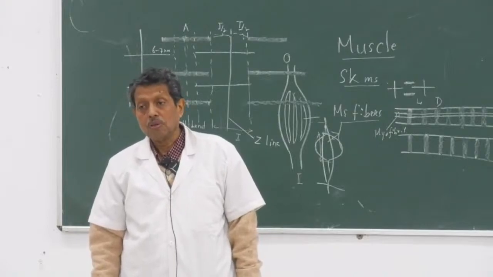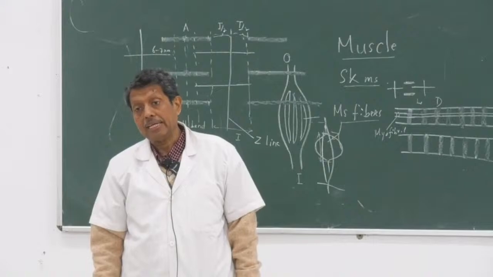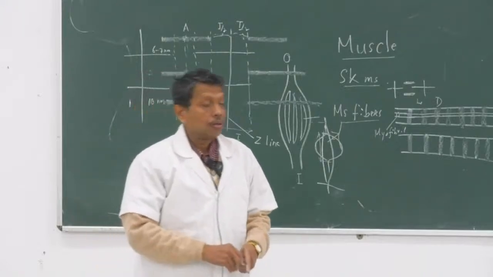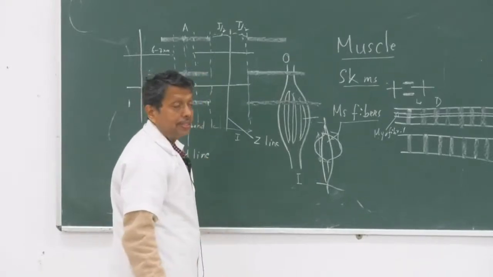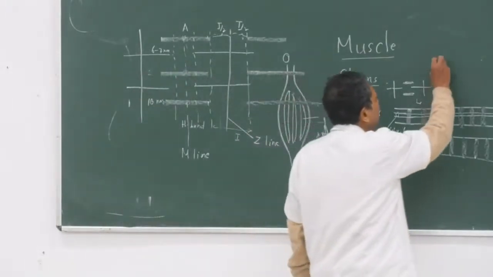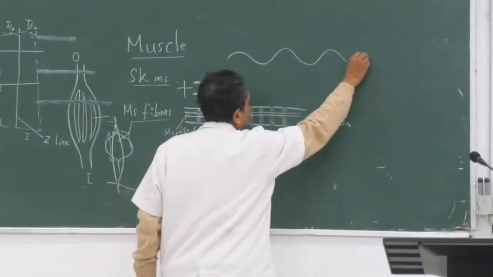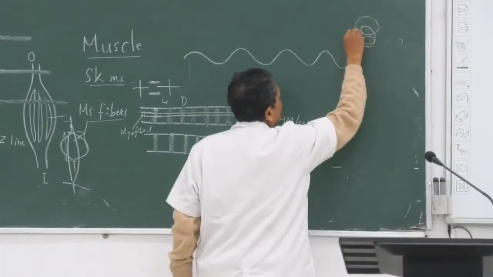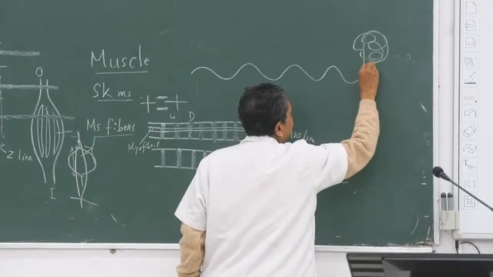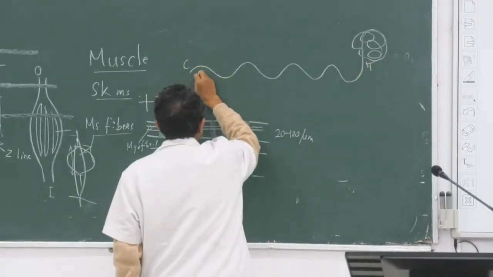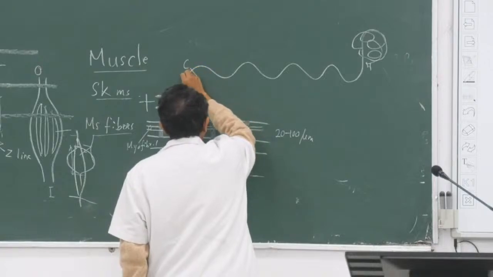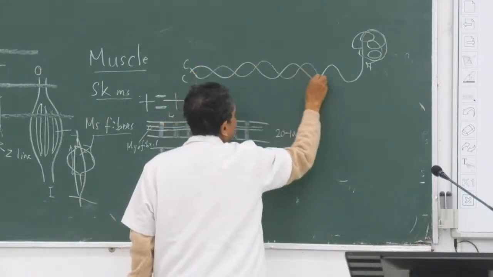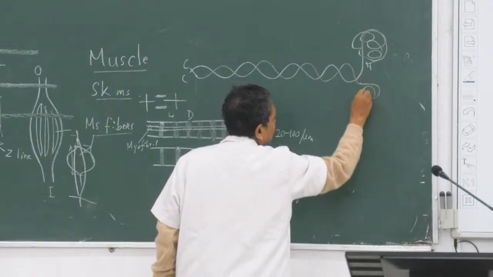Myosin 2 is a heterohexamer. Hundreds of myosin molecules come together to form this thick filament. Their structure you will find in every good book. This is the N-terminal end, and this is the C-terminal end.